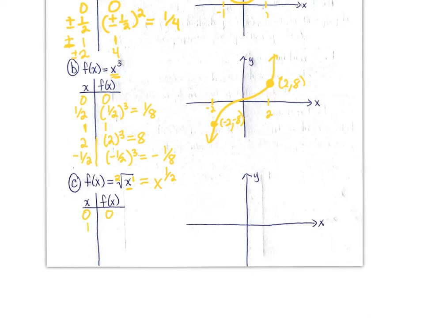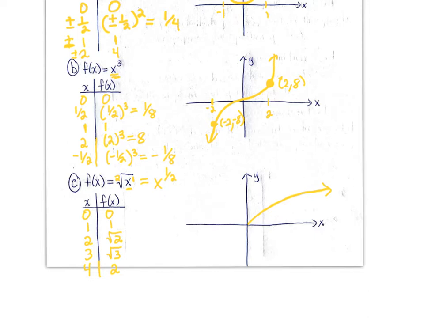The square root of 1 is 1. When x is 2, the square root of 2 is what it is. When x is 3, you get the square root of 3. When x is 4, you get the square root of 4, which is 2, and so on. And then you graph it. That's your graph. So, now you know what power functions and root functions look like.